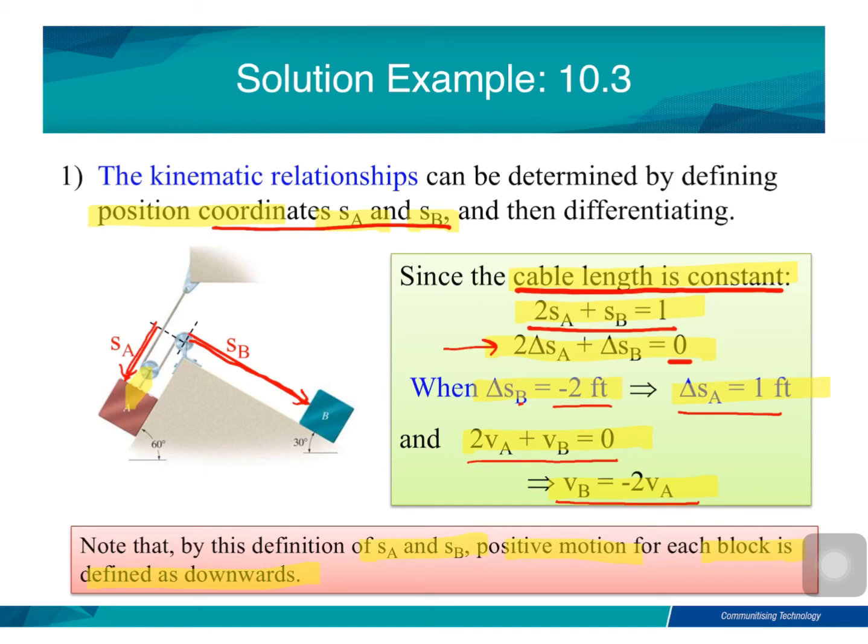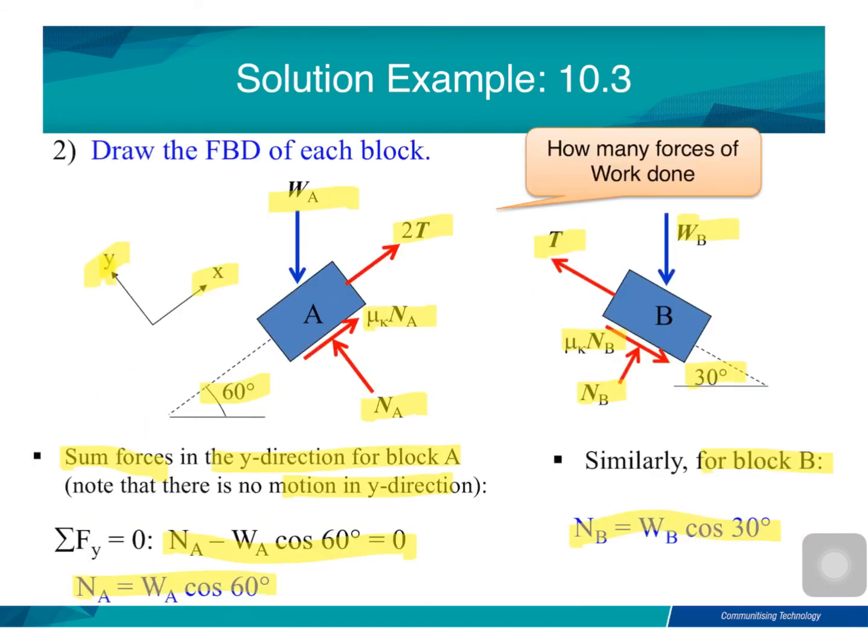Okay, so note that by definition of SA and SB, positive motion for each block is defined as downward. Next we draw the free body diagram for each of the blocks. Number 1 is for block A, number 2 is block B. So you show the forces and the work done involved. Don't forget, this is the X and this is the Y. Don't forget to resolve this one.